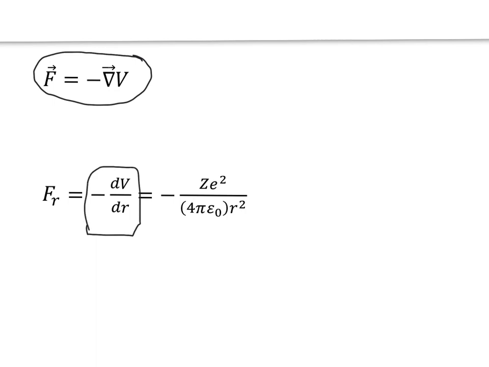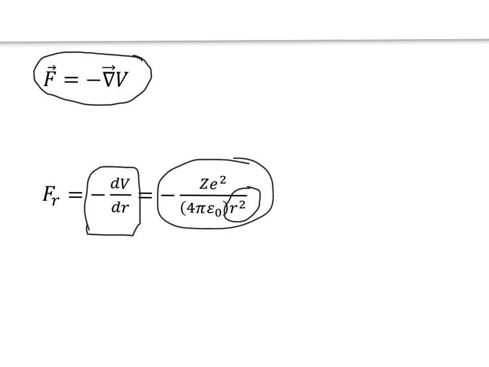If I do that, I'm taking the derivative of a constant over r, and I get a constant over r squared.